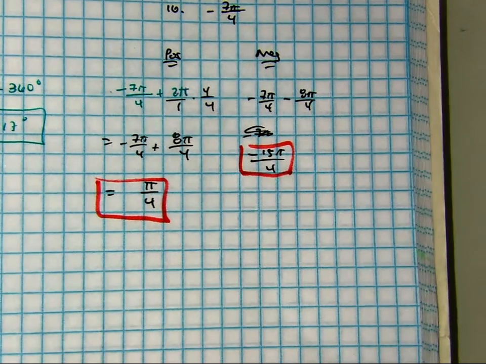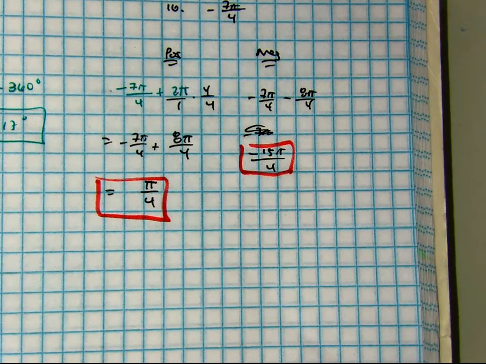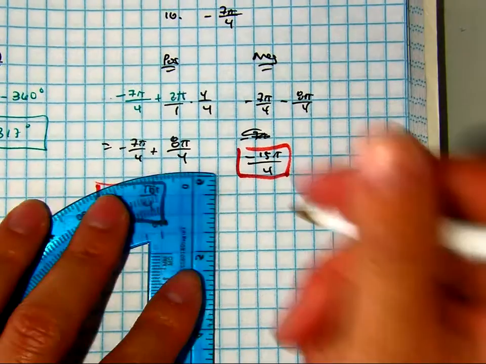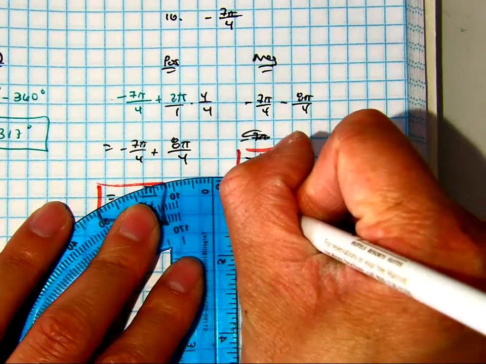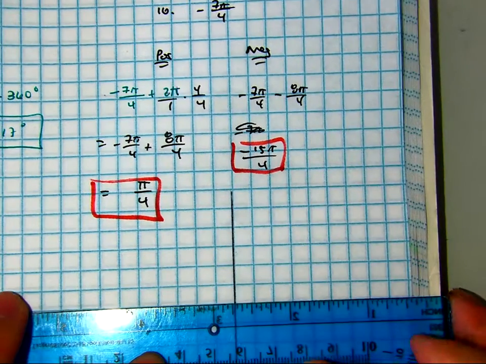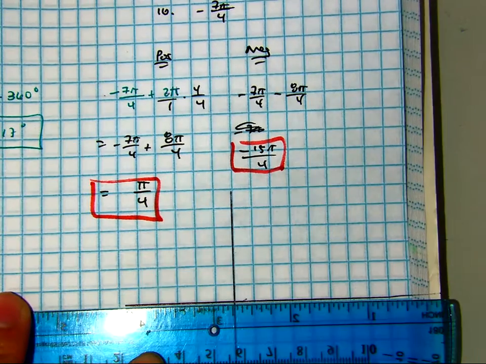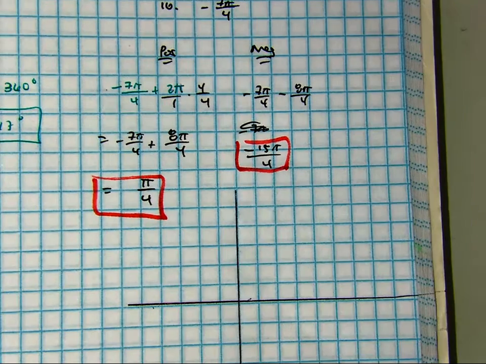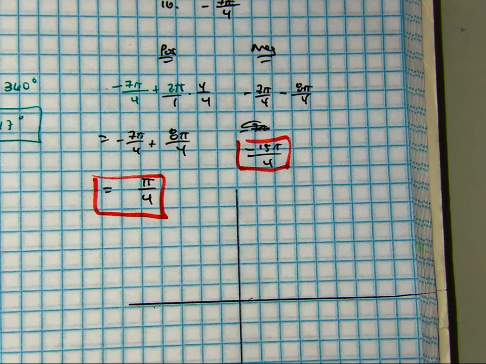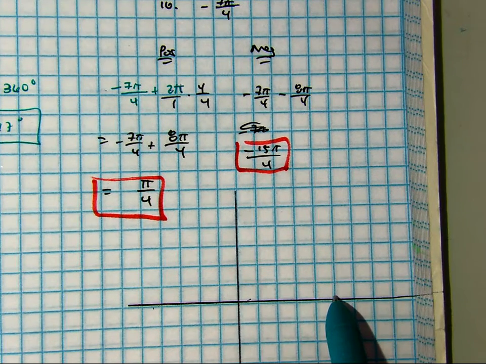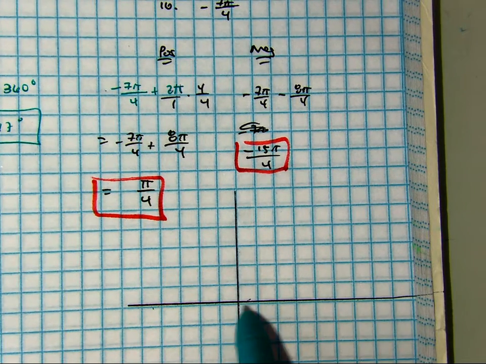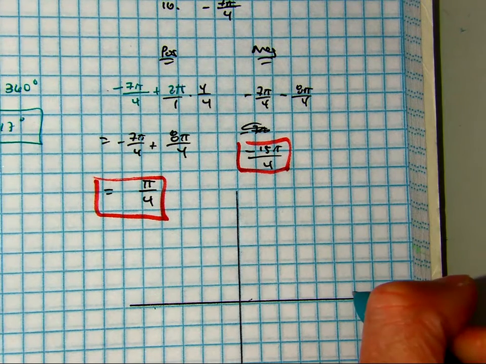Let me tell you. In degrees, this position, the standard position, the initial position, is how many degrees? 0.